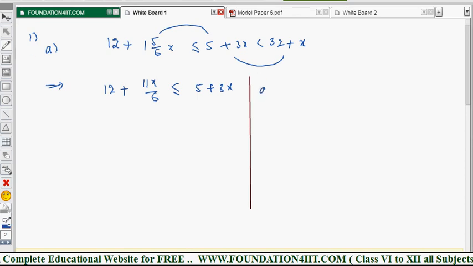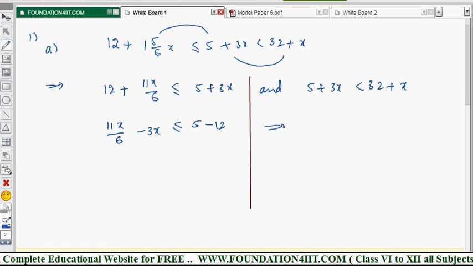From the last two, that is 5 plus 3x less than 32 plus x, the middle term is common for both. We'll simplify this. Take the x terms to one side. So 11x by 6 minus 3x is less than or equals to 5 minus 12, so plus 12 becomes minus 12.